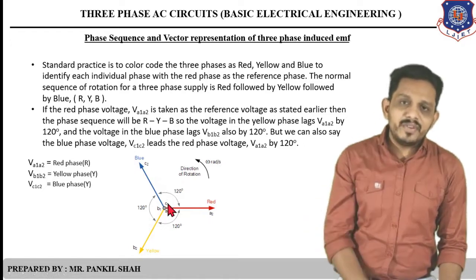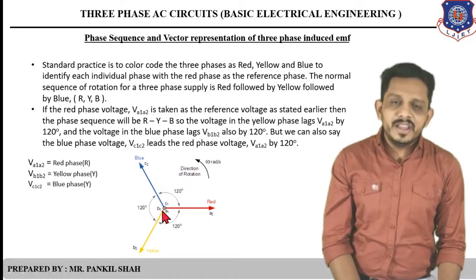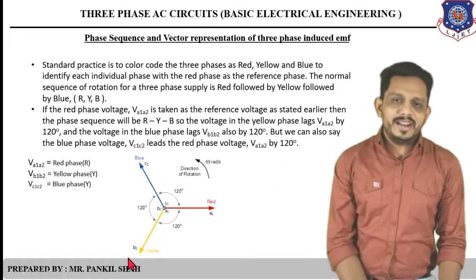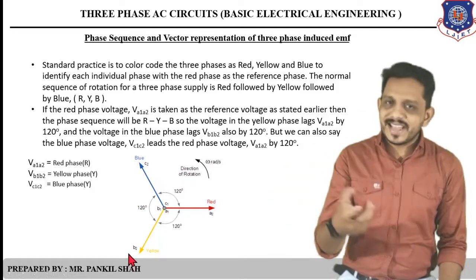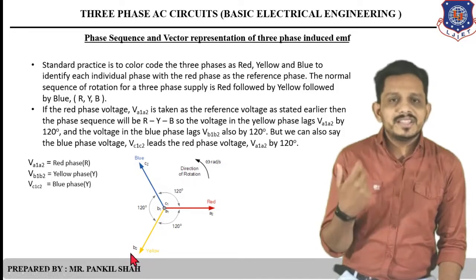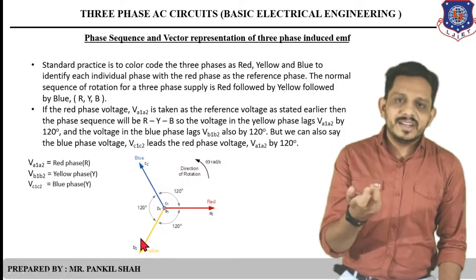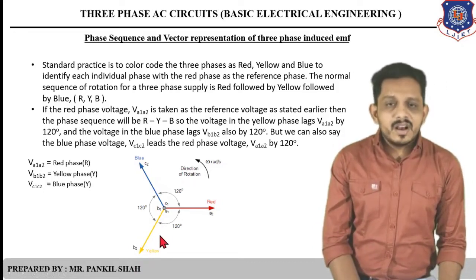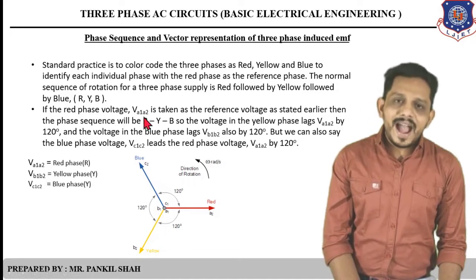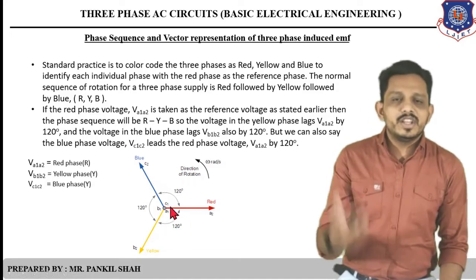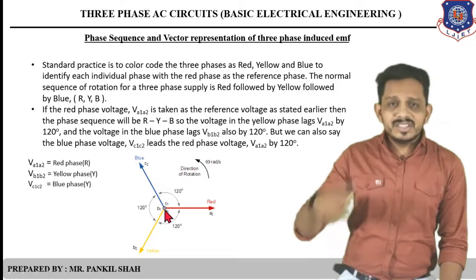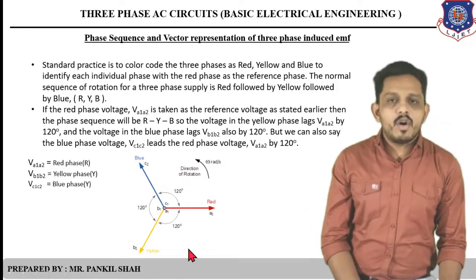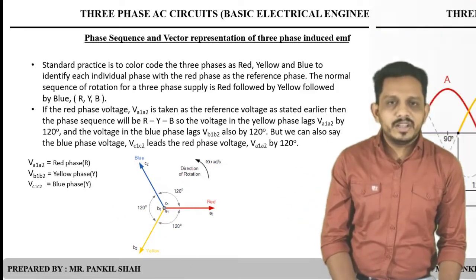From this R phase, 120 degrees behind, we have drawn the yellow line, which represents the voltage in the second coil B1, B2, the yellow phase. And from this, another 120 degrees is located, and this is the blue line, the voltage of the third phase. So this is known as the vector diagram of induced three-phase voltage.